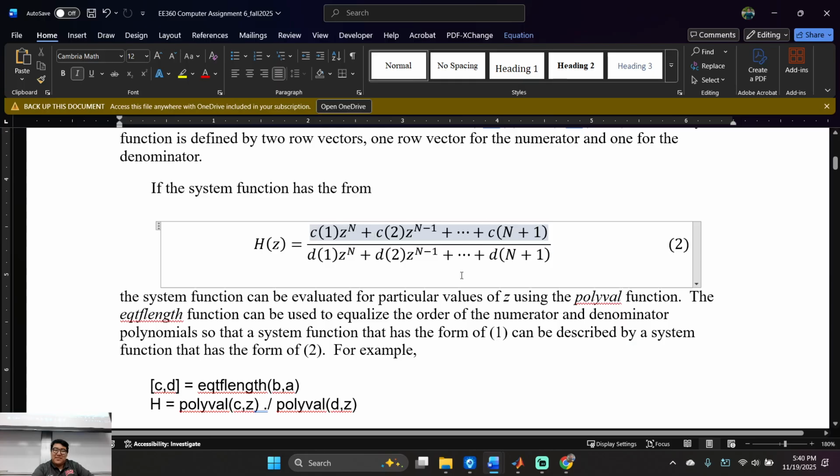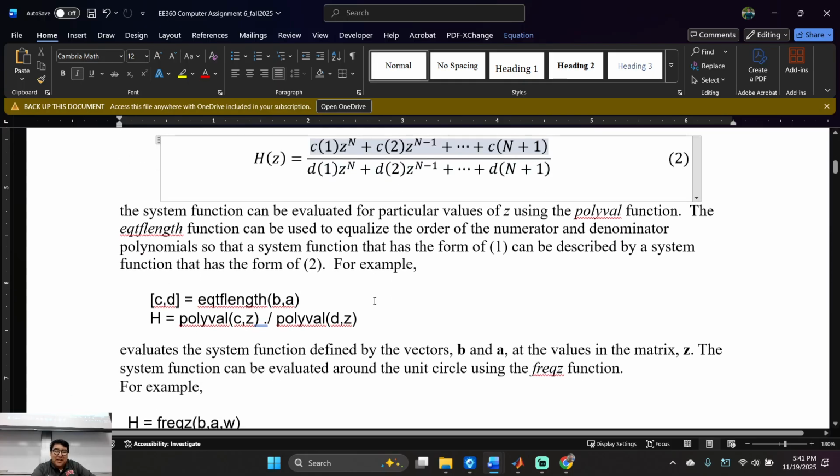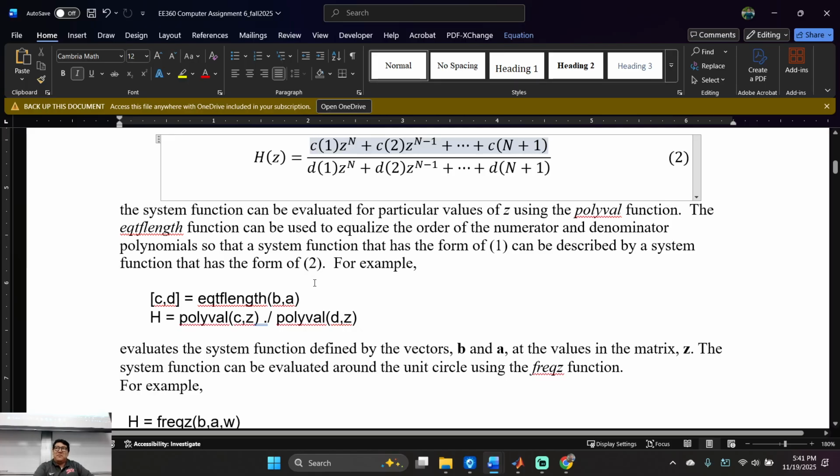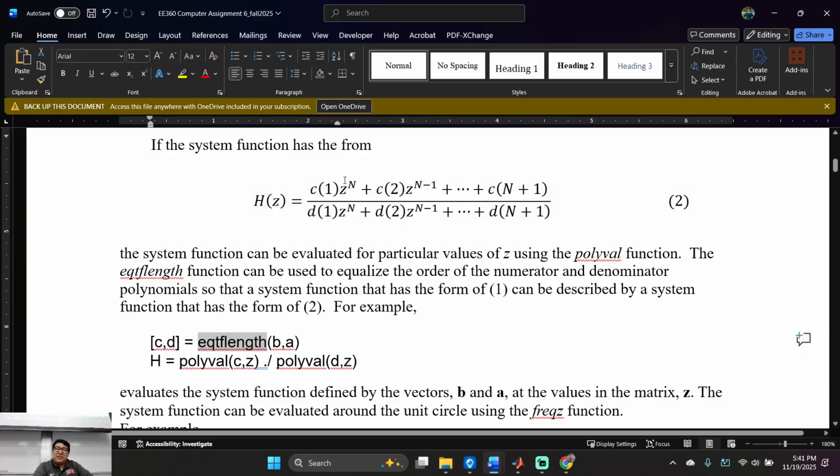And you can do the same thing like we did in computer assignment 5 with computer assignment 6. But there's an exception. You need to make sure that the top and bottom polynomials are the same length, so basically you have the same orders.